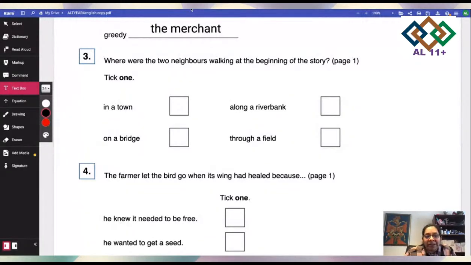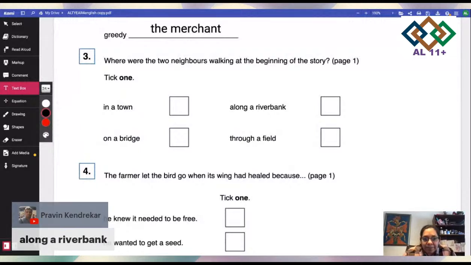Where do you think they were walking? Were they walking in the town, along the river bank, or on a bridge, or through a field? So where were they walking? Along the river bank. Anvi, that's good.